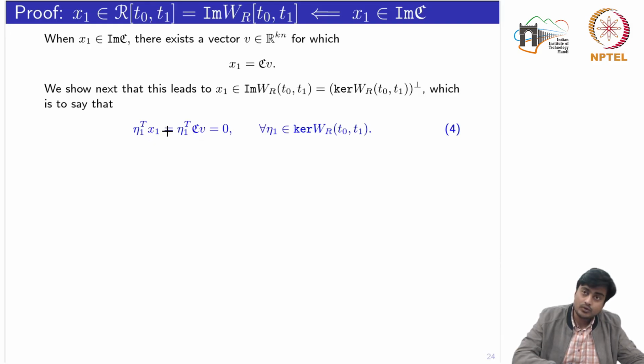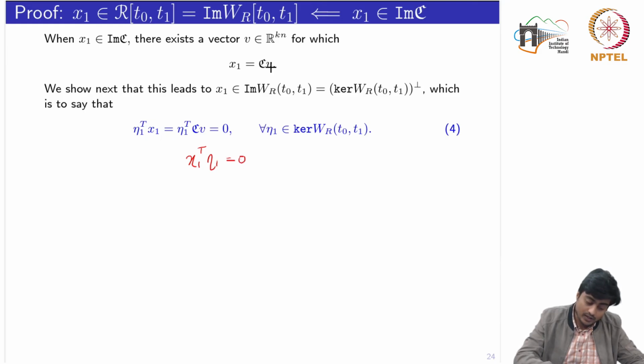Just to be clear, in the earlier proof we had x1 transpose times eta 1 equal to 0, if you recall this. If you just take the transpose of this equation, you would get eta 1 transpose times x1 equal to 0, right?